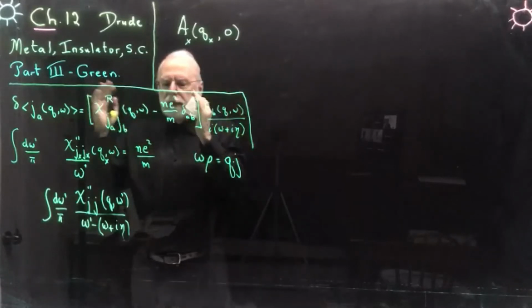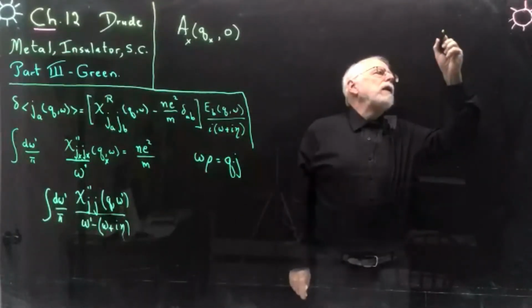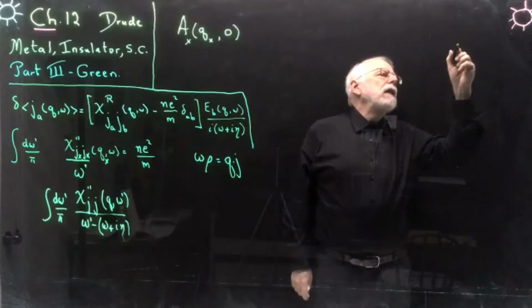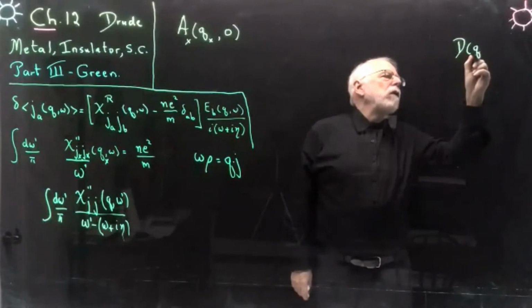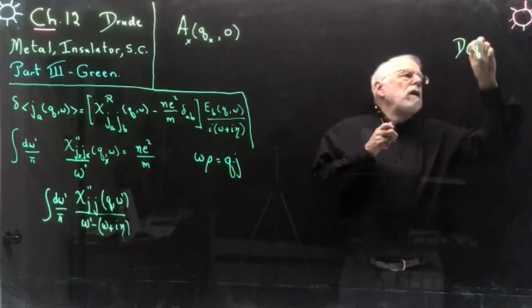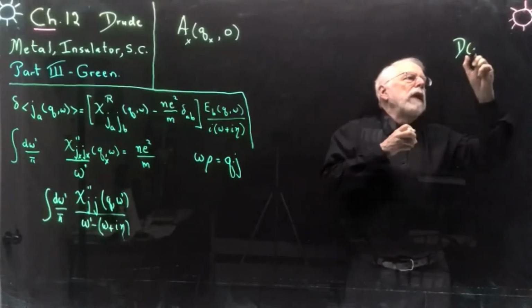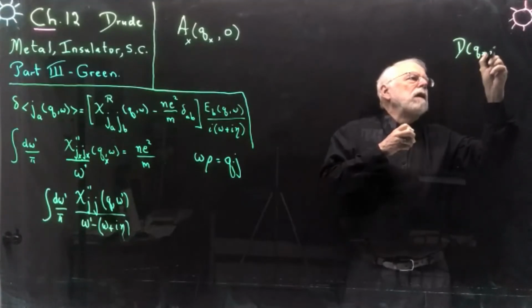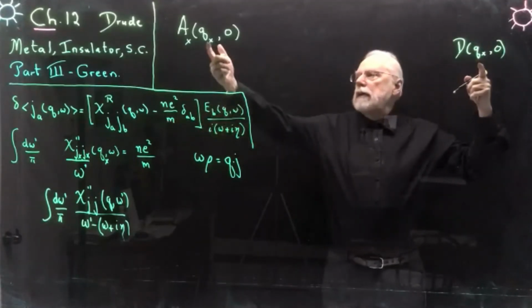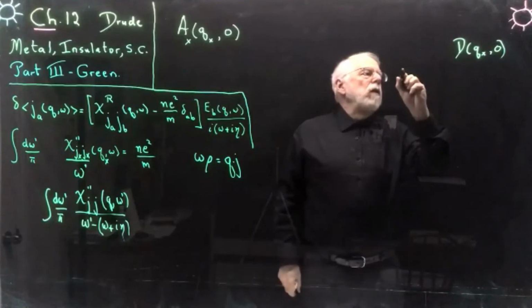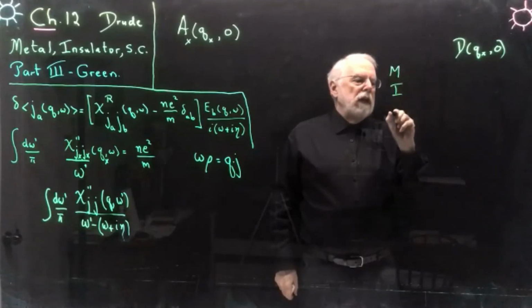So if I call this quantity D of Qx, at omega equals 0, so this is Q0, then I will look at the metal, insulator, and the superconductor.